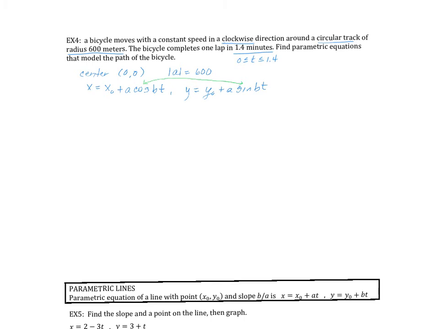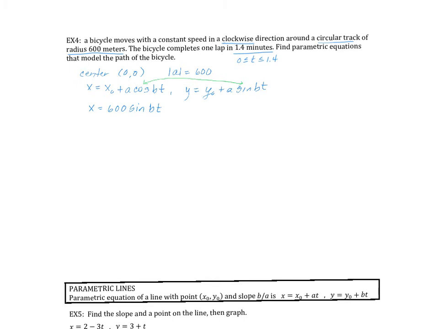My x sub 0 is 0. So my x coordinate is going to be, a here is going to be 600, so I'm going to use 600 sine of bt. Now I'm leaving the b the way it is because my t values are not going from 0 to 2 pi, which would be the usual full circle.